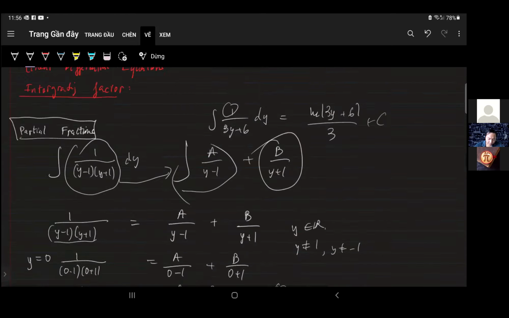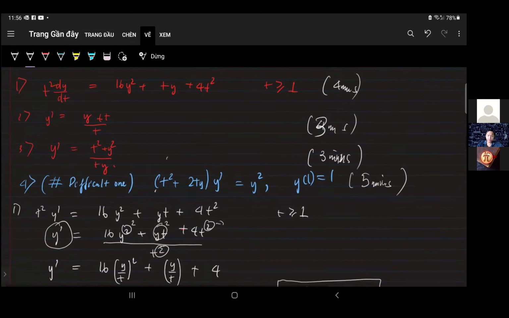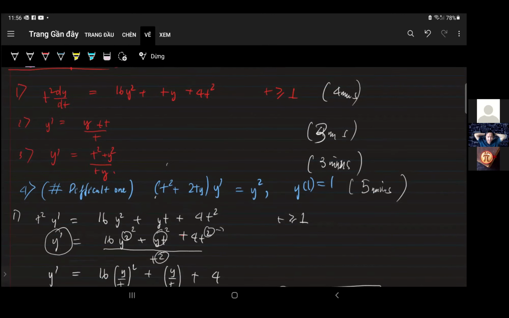Okay, so now let's go to finish question 2. Question 2, you have 3 minutes again, and I'll solve that. Let's give it a try first. Question 2 here: y prime equal to y over t plus t.